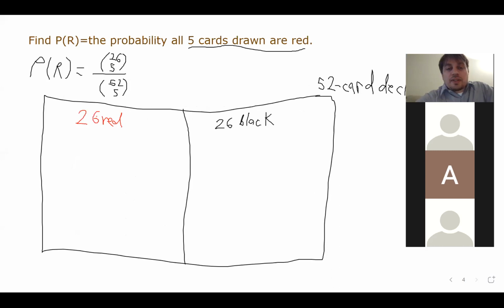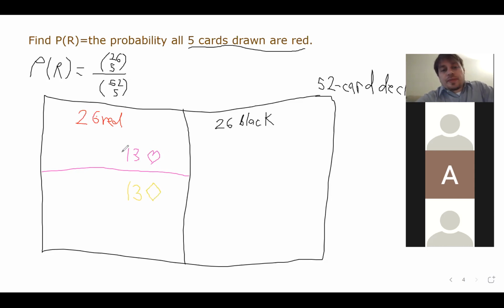Now, of the 26 red, we have 2 subsections here: 13 of them are hearts, and 13 of them are diamonds.